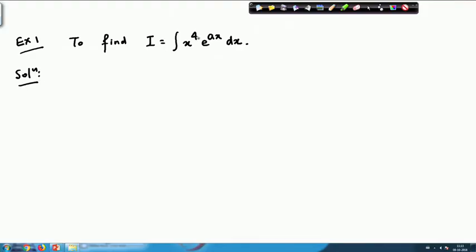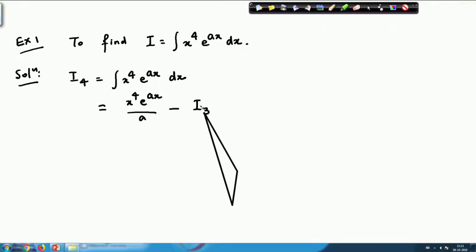First of all, n equals 4. So we write I4 equals the integral of x to the power 4 e to the power ax dx, and this can be written as x to the power 4 e to the power ax by a minus 4 by a times I_(4-1), so I3.